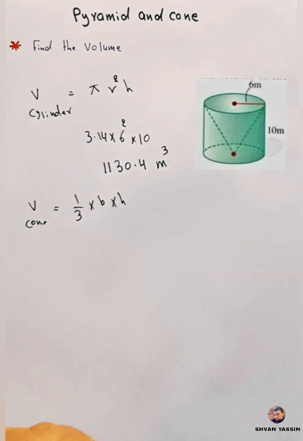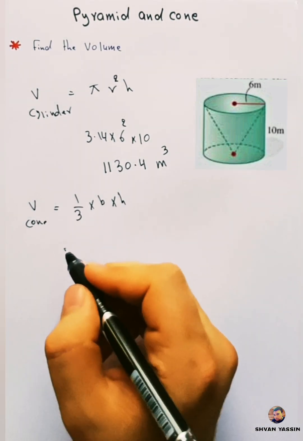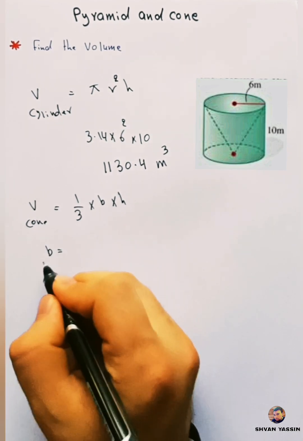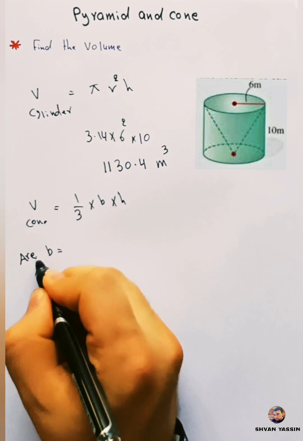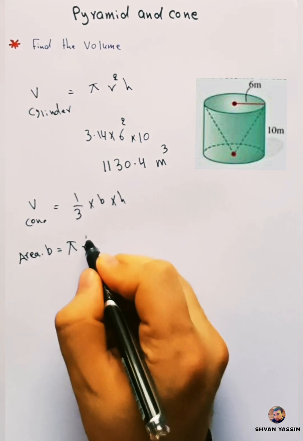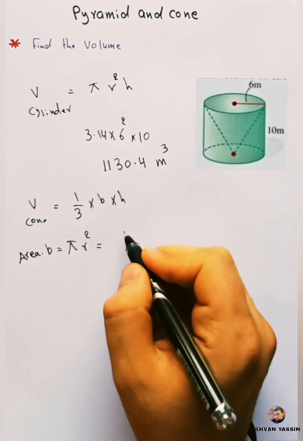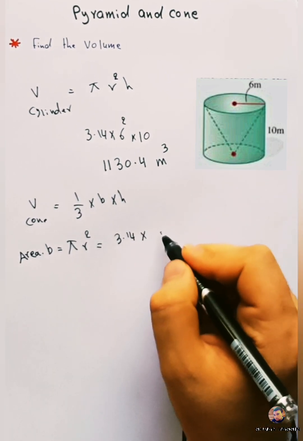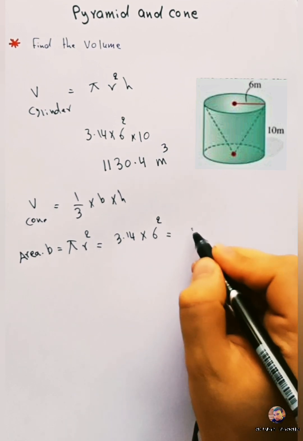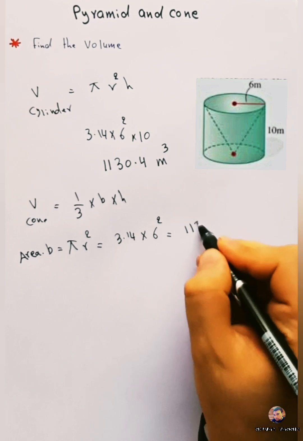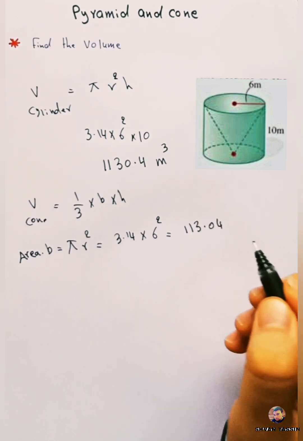After that, for the volume of the cone, the rule is 1 over 3 multiplied by the base multiplied by the height. The base is a circle, so the area for the base is equal to pi r squared. So we have 3.14 multiplied by 6 squared, equal to 113.04.